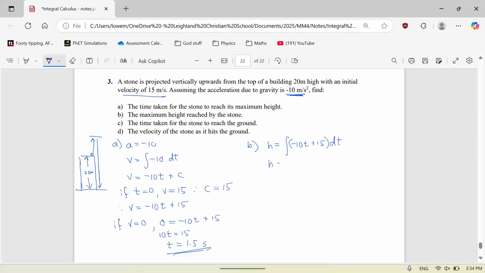So h equals negative 10t squared over 2, so negative 5t squared plus 15t plus d.